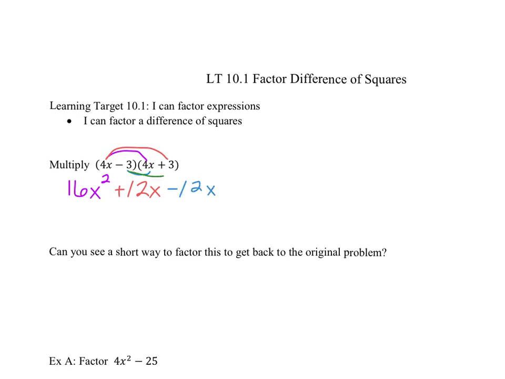And then I'm going to do negative 3 times 3, which gives me negative 9. So what happens is these cancel out, right? Because 12x minus 12x gives me 0. And I'm left with 16x squared minus 9. So there is a little review of that.